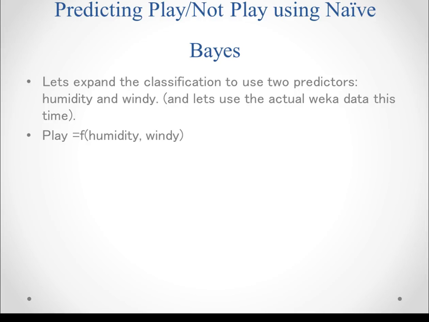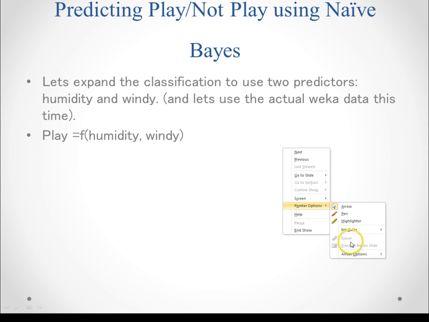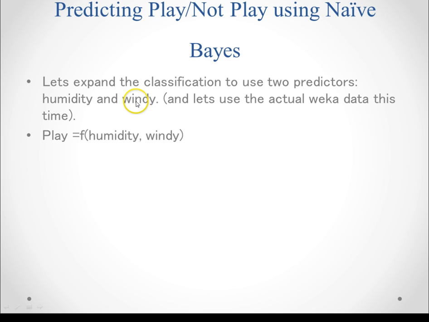Okay, so now let's expand the classification to use 2 predictors, humidity and windy. Before we were just using windy, but now we're going to include humidity as well. And let's use the actual Weka data this time.